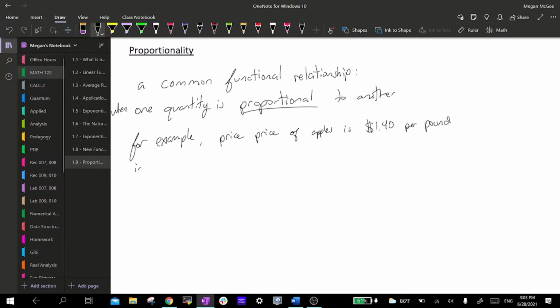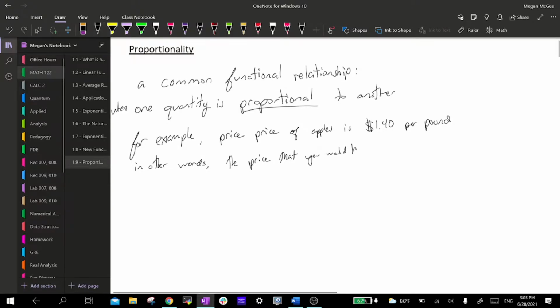In other words, the price that you would pay depends on the number of pounds that you buy. So it depends on how many pounds of apples you buy.